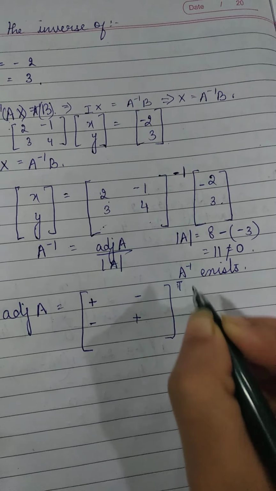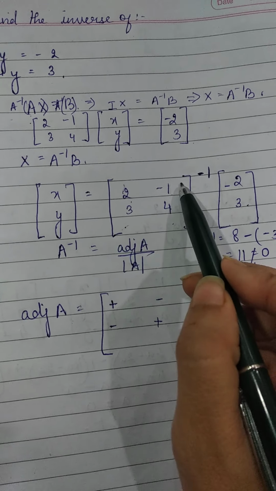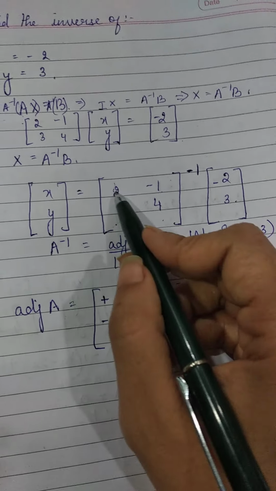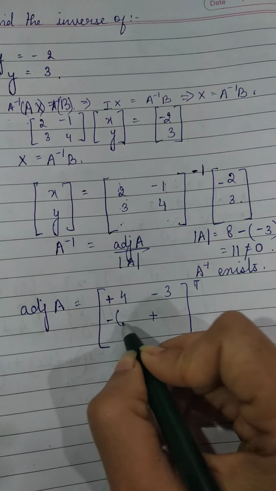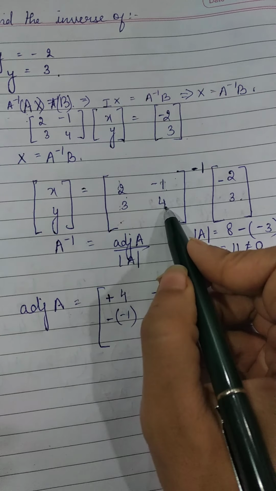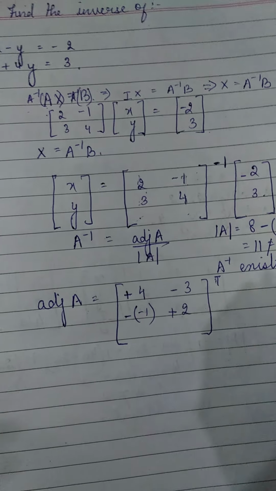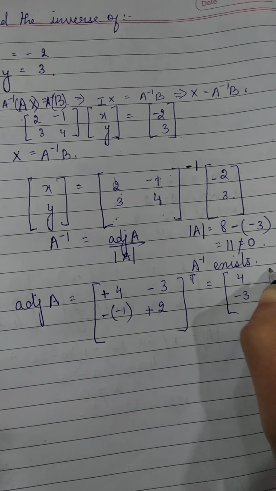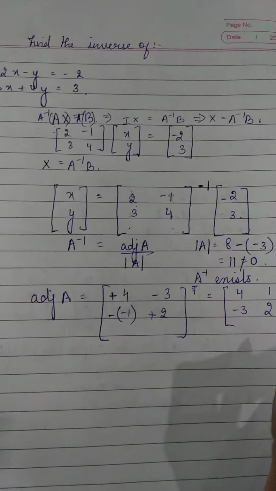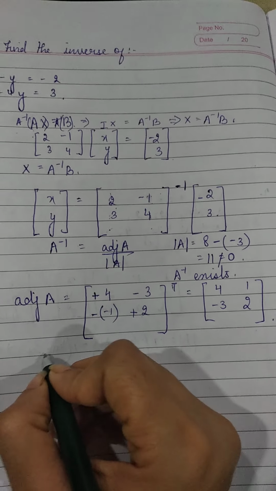We have to find its transpose. Eliminate this, what are we left with? 4. Eliminate this, we are left with 3. Eliminate this, we are left with -1. Eliminate this, we are left with 2. Finding its transpose gives us 4, -3, 1 and 2. So this is the adjoint of A.